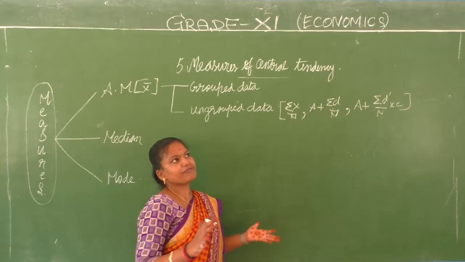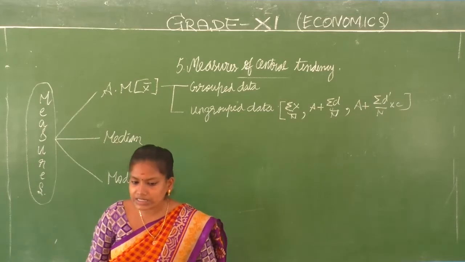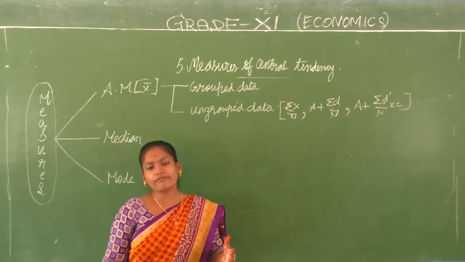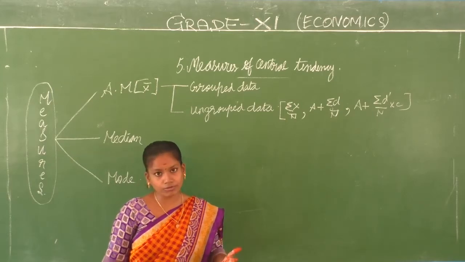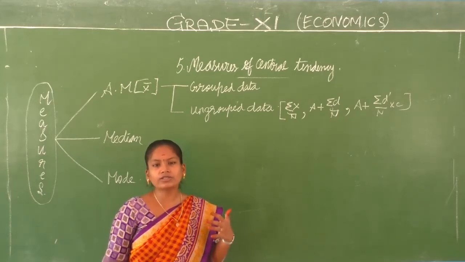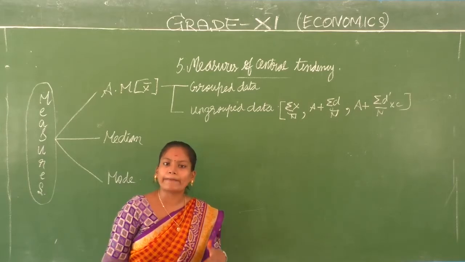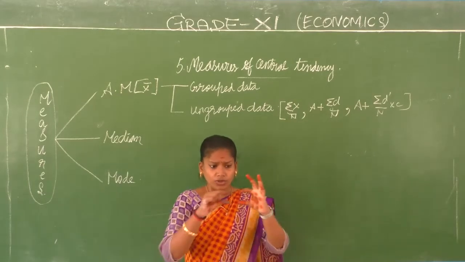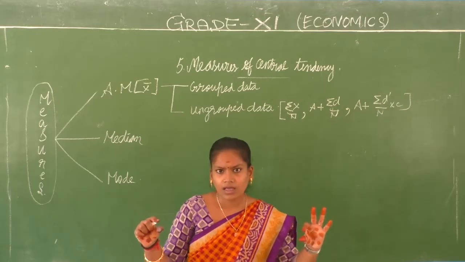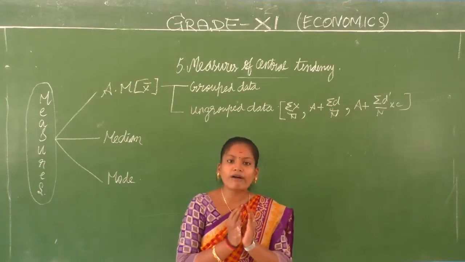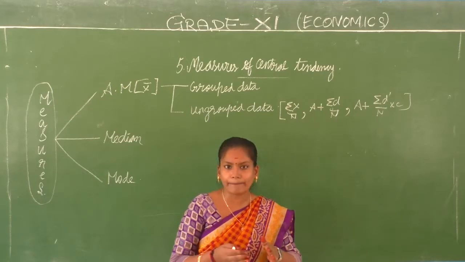One difference between discrete series and continuous series was that in discrete series we took the values of x for the assumed mean method. But when we use the continuous series, we had to find another value called m, because in continuous series you have class limits, upper class limits and lower class limits. In that case, you needed one particular value called m.